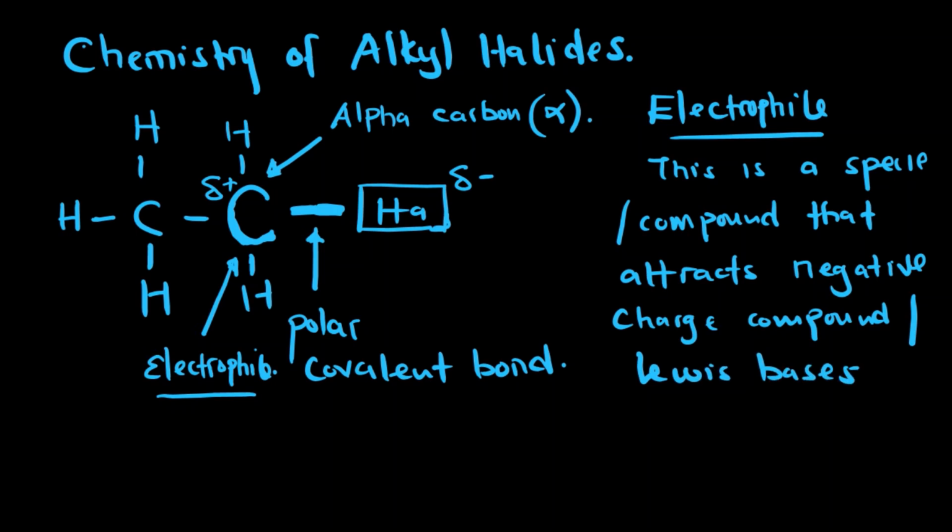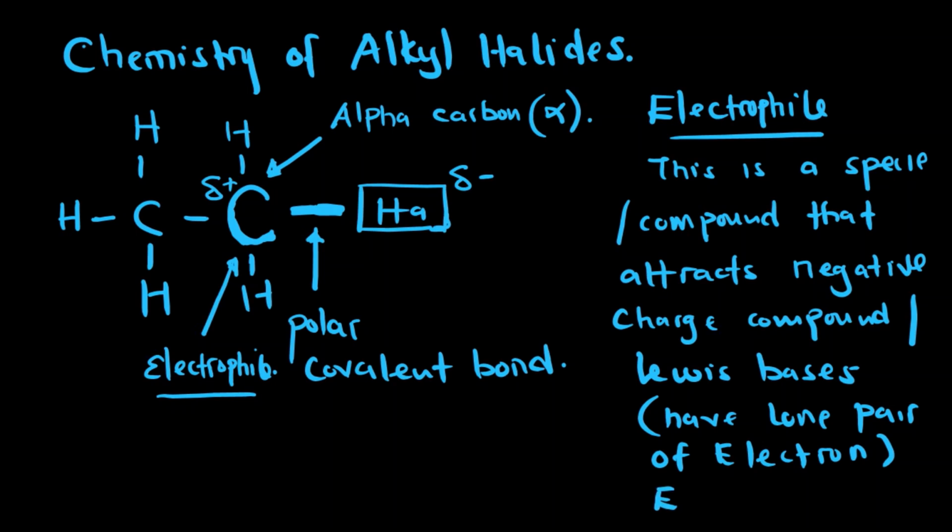Lewis bases are simply compounds that have a lone pair of electrons. When we talk about a lone pair of electrons, we're talking about pairs of electrons that are non-bonded.